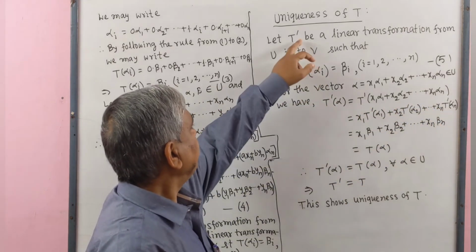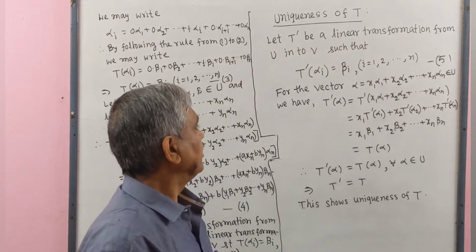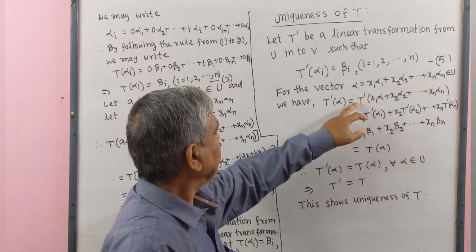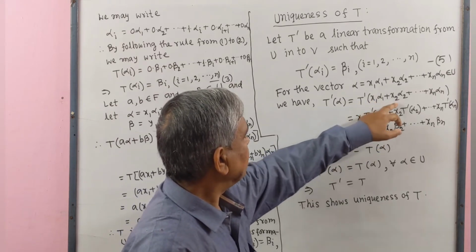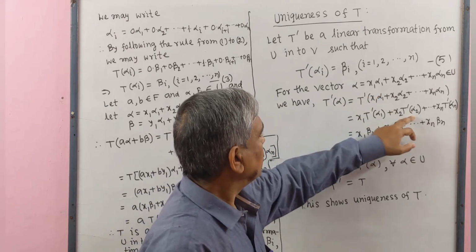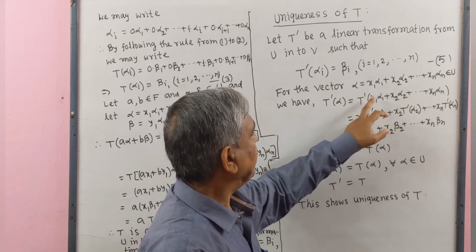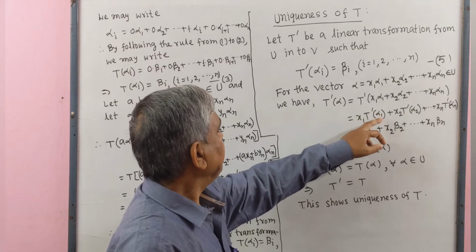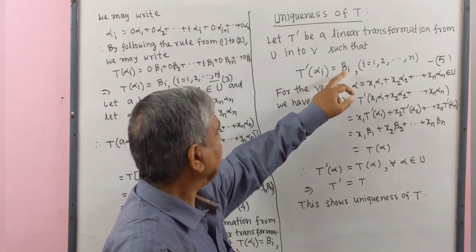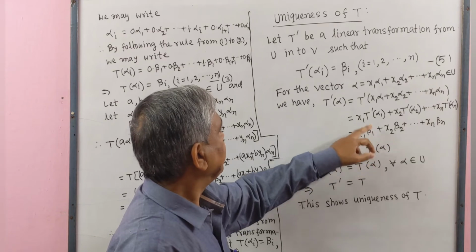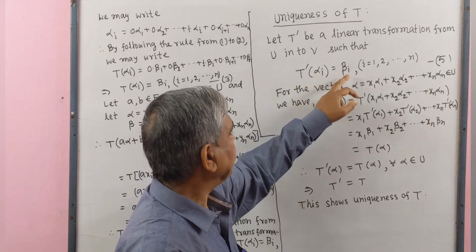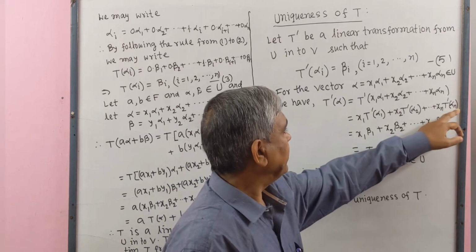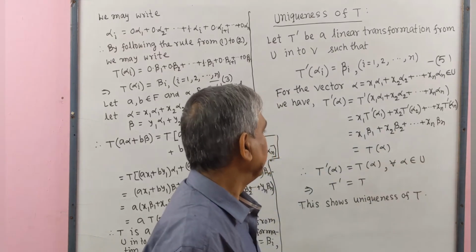Since T prime is a linear transformation, therefore we get x1 T prime alpha 1 plus x2 T prime alpha 2 plus dot dot dot xn T prime alpha n. T prime alpha 1 equal to beta 1, T prime alpha 2 equal to beta 2, plus dot dot dot xn T prime alpha n equal to beta n.